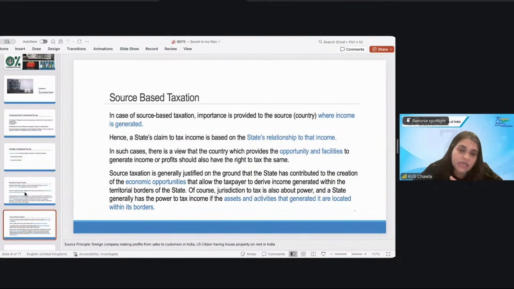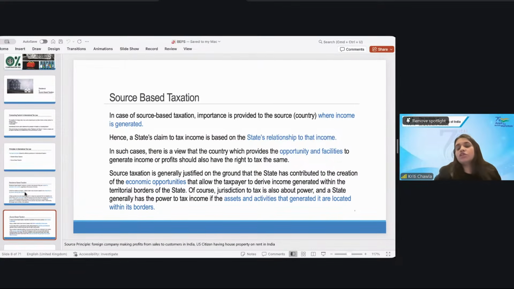Now, should the foreign company be taxed in India or not? Well, that is the question. This is called source-based taxation, and India will say, listen, you have earned income because of sales in India. You have interacted with users in India, and this is the reason you're making profits. So you ought to pay tax in India. This is called source-based taxation.